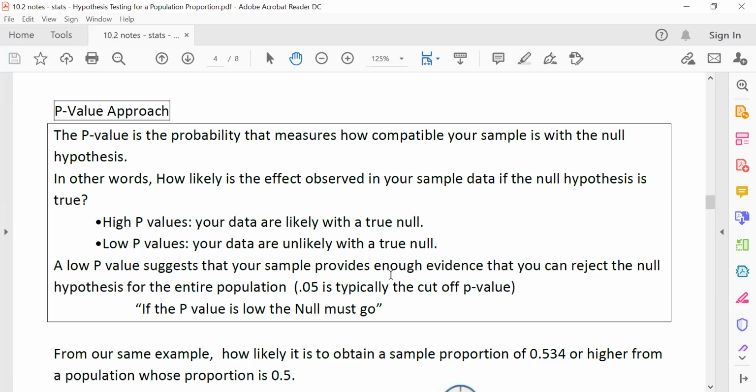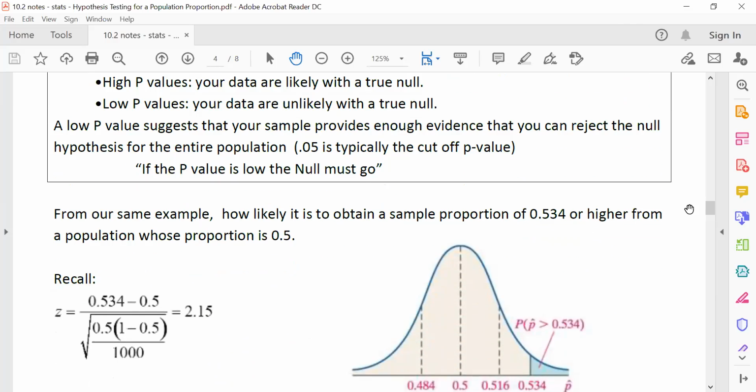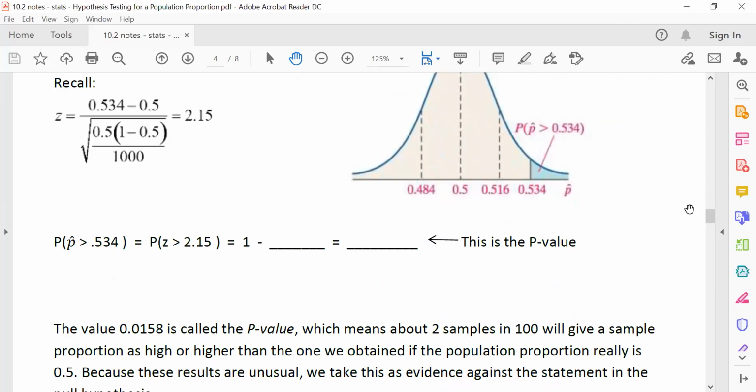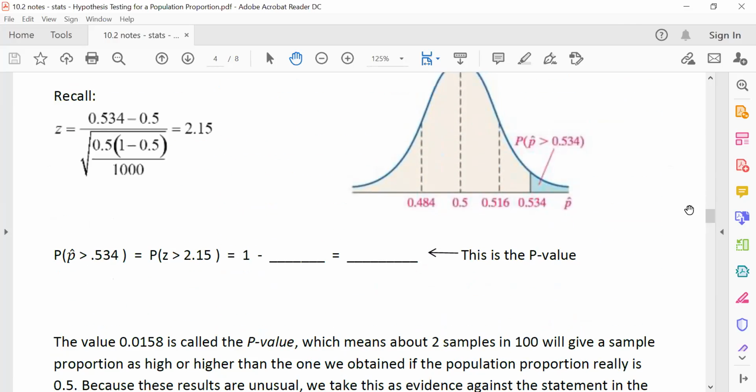Thus, a high p-value supports the null hypothesis. A small p-value, though, suggests that your data are incompatible or unlikely under the null hypothesis. Thus, a small p-value is bad for the null. So there's the saying, if the p-value is low, the null must go. So we won't get into the nitty-gritty per se.